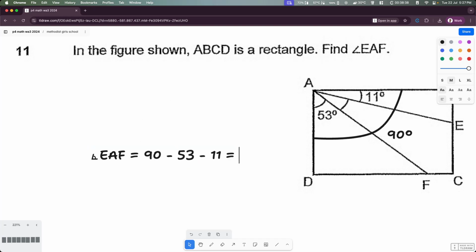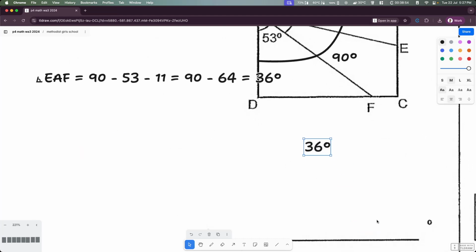For me, 90 minus 53 minus 11 should be 90 minus 64. And this will give me 36 degrees in this case. So the answer to this is 36 degrees. I don't have to put degrees because they already put it for me.